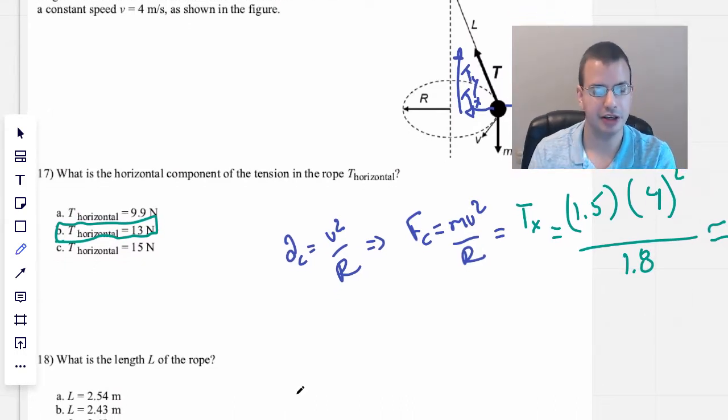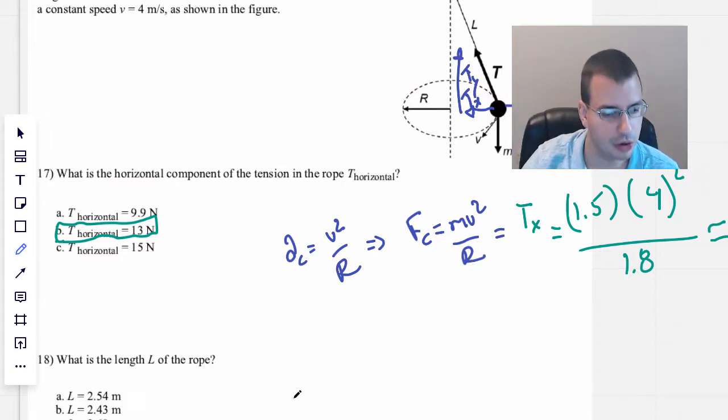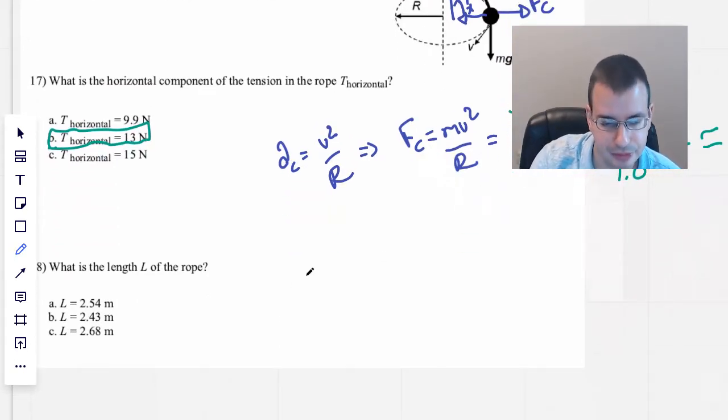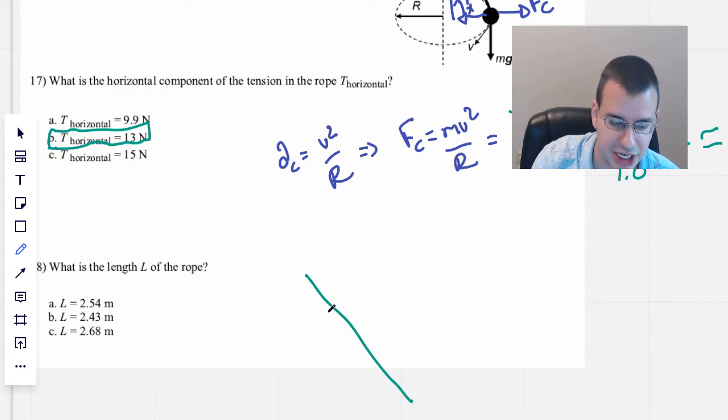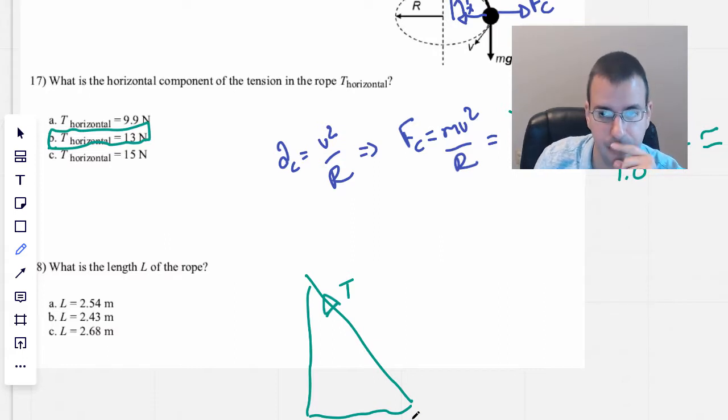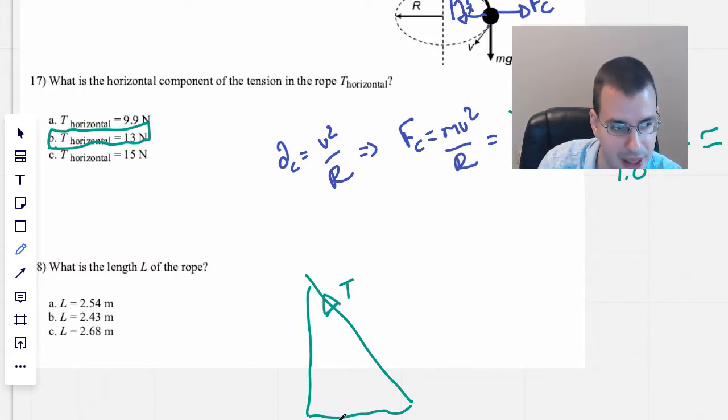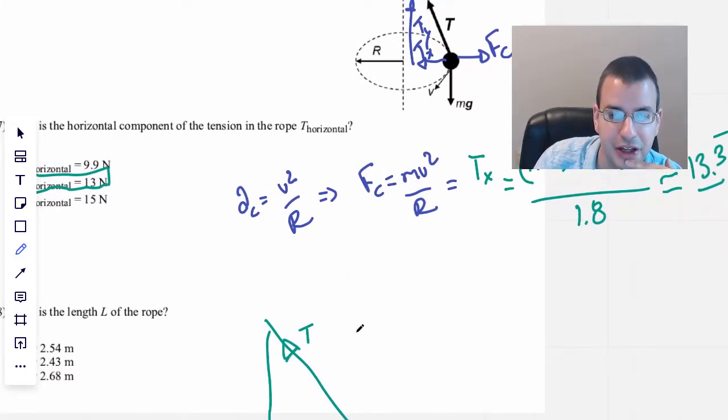Interesting. Okay. So I think what we're going to have to do is draw this tension out here, and break it up into its components. So we have tension going up that way. We know that it's 13.3 in this direction, and we can also find the tension in the y direction.